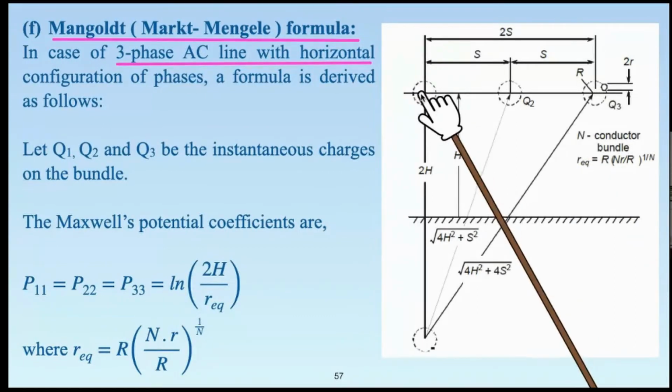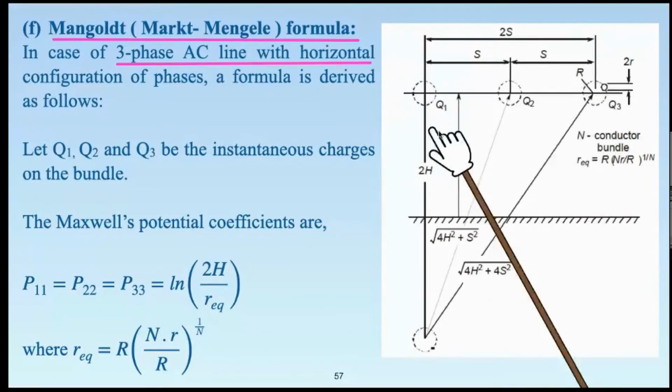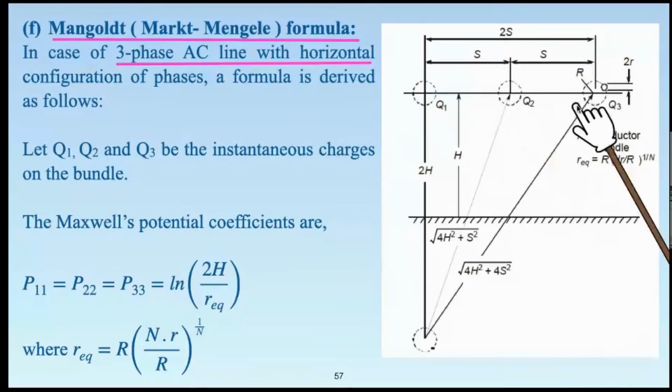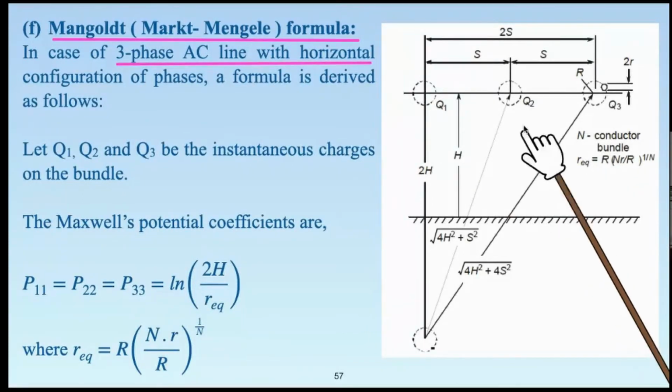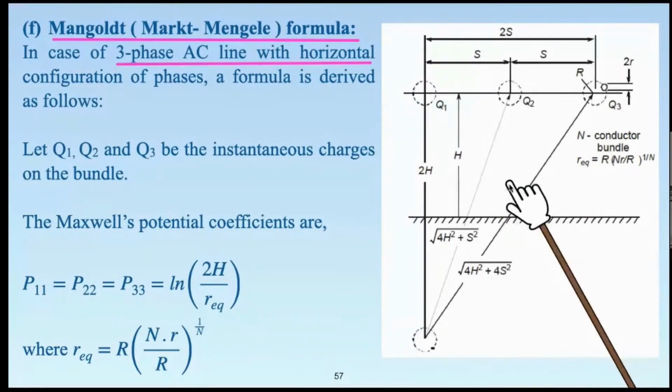And these are all arranged in the horizontal configuration. So here the tower is invisible. Actually, you can imagine these three conductors are hanging above the ground. So this is the ground surface. They're hanging above the ground at a height of h, which may be like 13 to 15 meters.